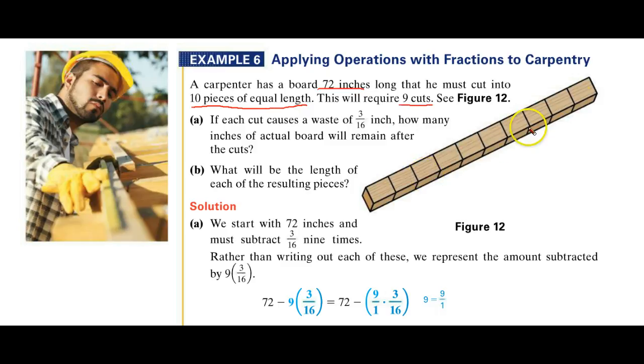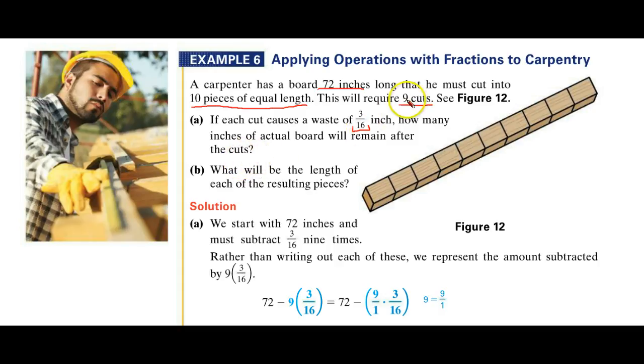So cutting this into 9 pieces gives you the last one of 10. So now we have 10 pieces here. But each cut, because of the blade of the saw, will take out this much of our overall length. So how many inches of actual board will remain after the cuts?